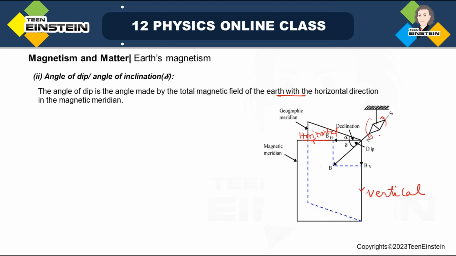Vertical plane in the sense, in the plane of the magnetic meridian.